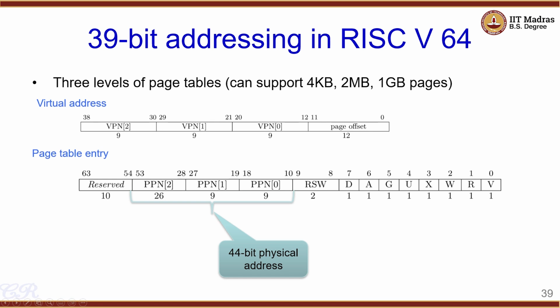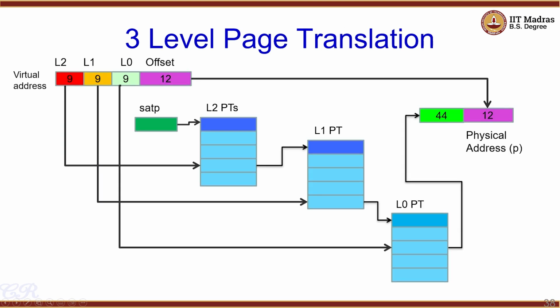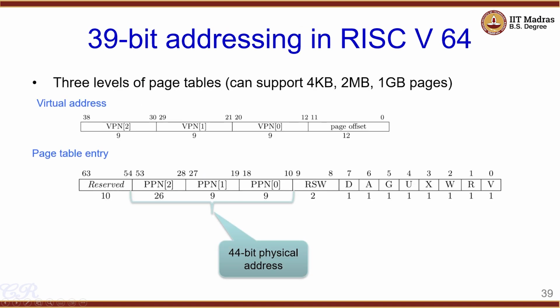It has PPN2, PPN1 and PPN0, corresponding to the different physical page numbers, of 26, 9 and 9 bits. So totally there are 44 bits, and the page frame number is 44 bits. Then we have the various flags: the dirty, accessed, global, user, execute, write, read and valid bits.